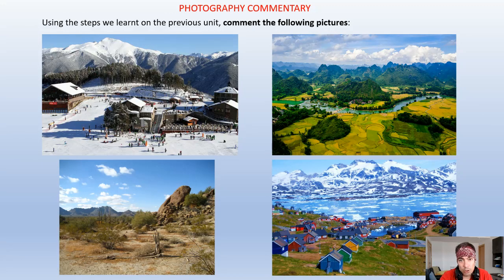So this is all for this unit, and what we want you to do this week is the following. Remember that we learned how to comment a photograph of a landscape in the previous unit, so I want you to follow the same steps: observation, identification, and analysis, and to comment each one of these 4 pictures, okay? 1, 2, 3, and 4, okay?